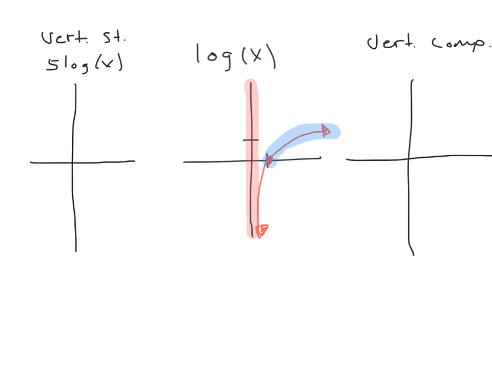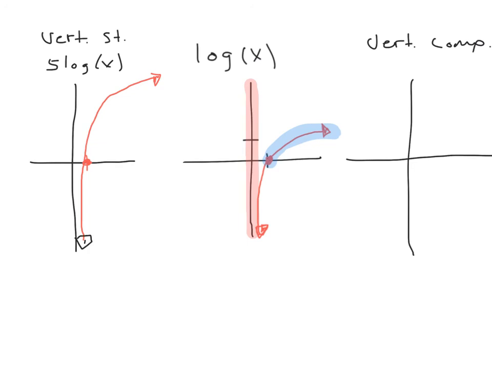Notice that for vertical, the scalars are always on the outside, not inside the parentheses. Graphically, it still passes through this point, but it's stretching. It goes more up first than it usually does.